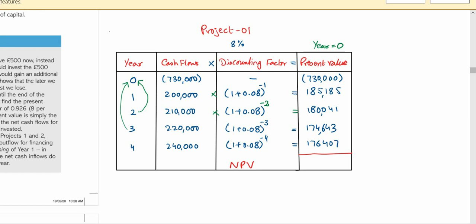Now we get negative 13,724. So this is the negative net present value. Do you get my point?